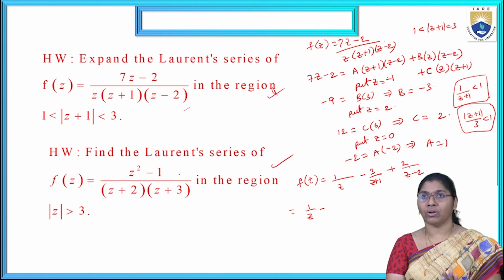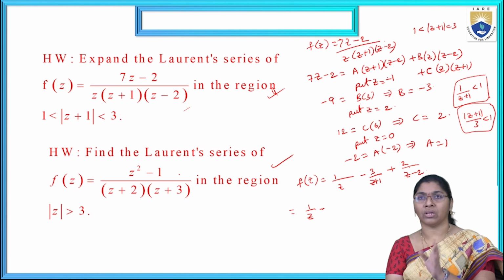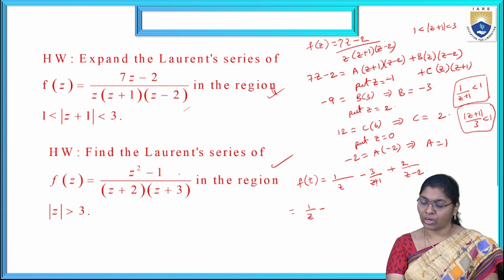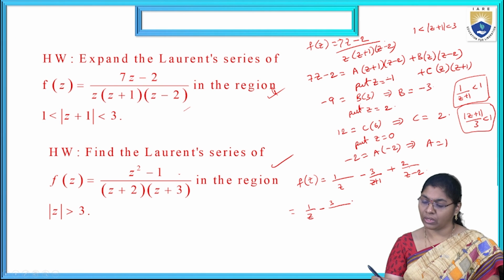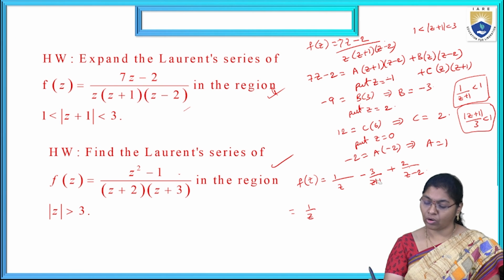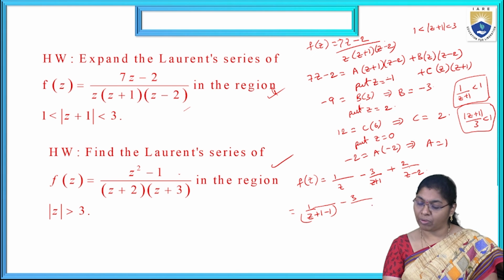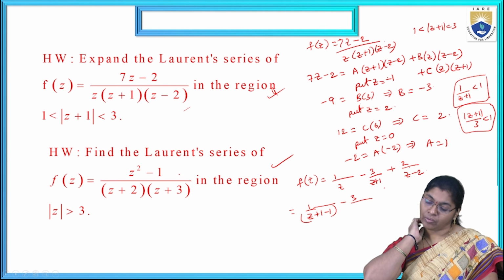We are not solving that one, because the z equal to 0 condition is applied here. Now here z plus 1. We are applying it better here: z plus 1 minus 1, we are adding and subtracting this one. And minus 3 by z plus 1, the denominator is there.